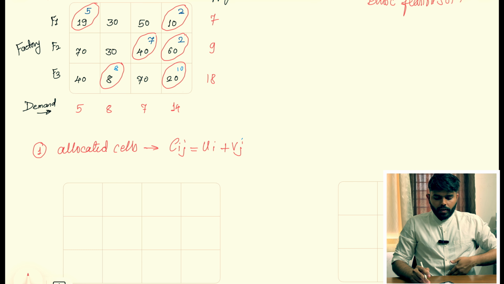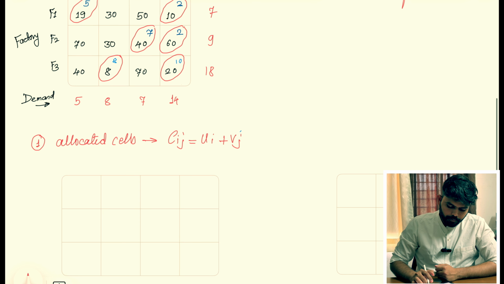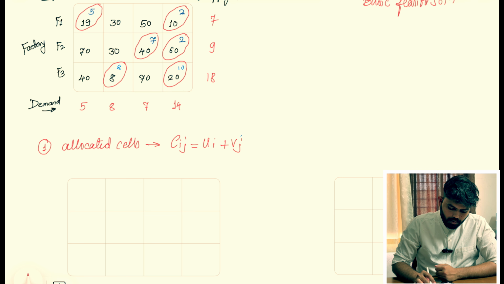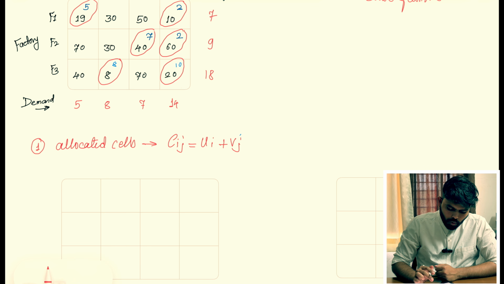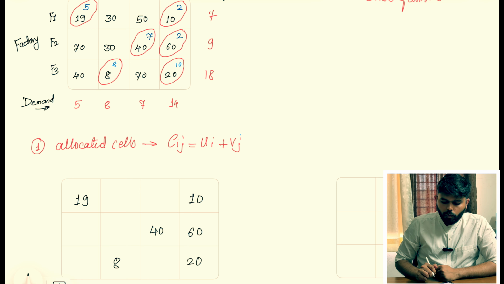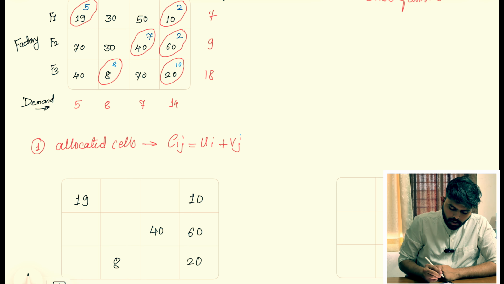Let us understand. First of all, from the above matrix we will write down only the values where allocation is done. So at 19 the allocation was done, at 10, at 40, 60, 8 and 20. These are the cell values where allocation is done. All other values we can write as dash.